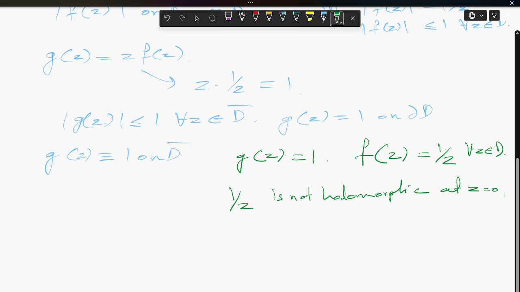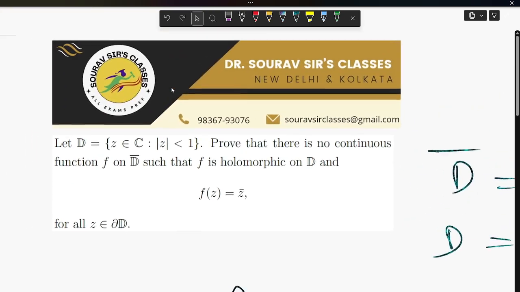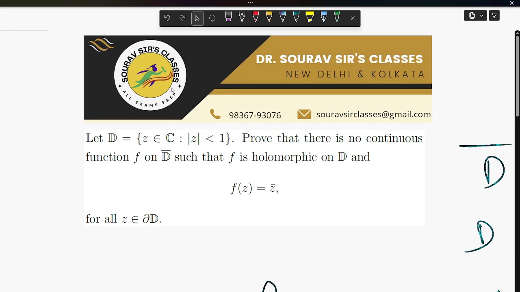So this contradicts the assumption that f is holomorphic on D. So the final conclusion of this question is that there is no such function which satisfies all these conditions. So yeah, now we can say QED.